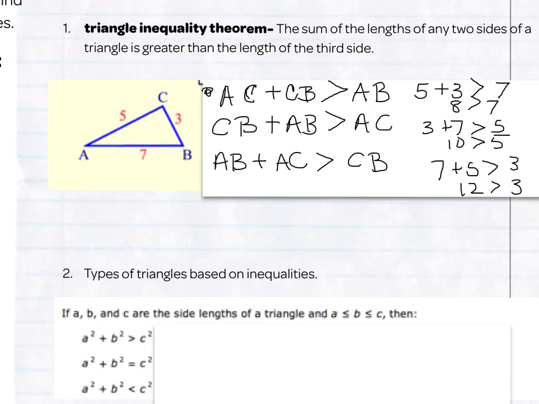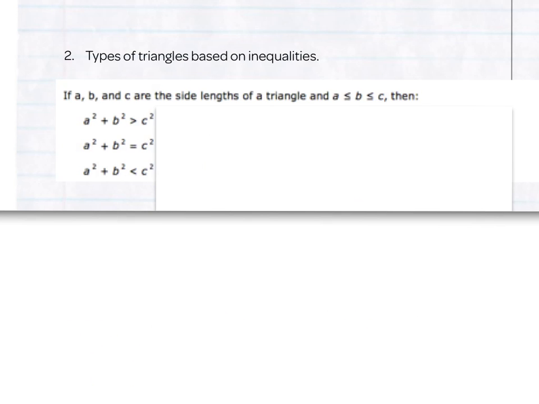All right, so let's take a look at another inequality, the second one that we're going to look at. It's actually 3 particular statements. 2 of them are inequalities and 1 is an actual equation that you will recognize.